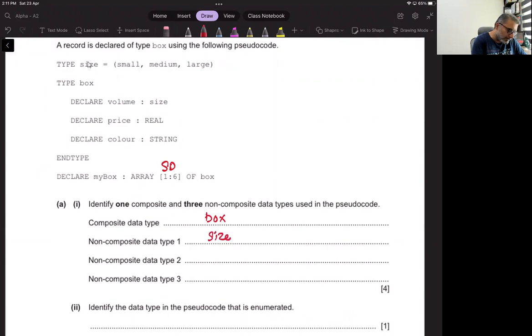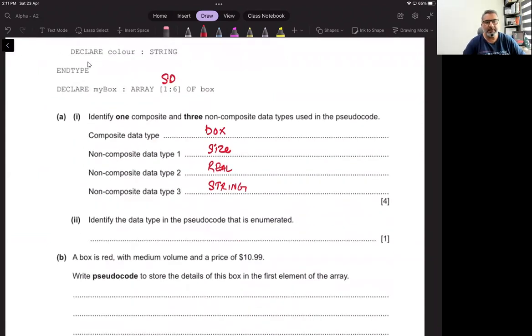Then we have got real. Real is also not made up of any other thing. Real is itself real, which cannot be further divided. So it is non-composite. Similarly for a string. A string is just itself a string, so it is not made up of any other data type. Identify the data type in the pseudocode that is enumerated, which is size, obviously.